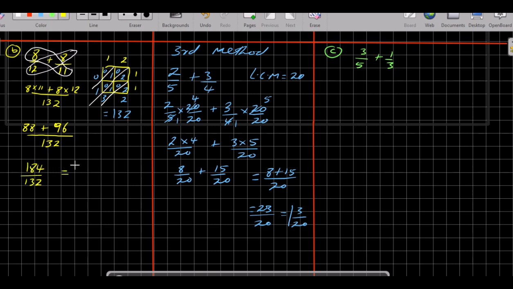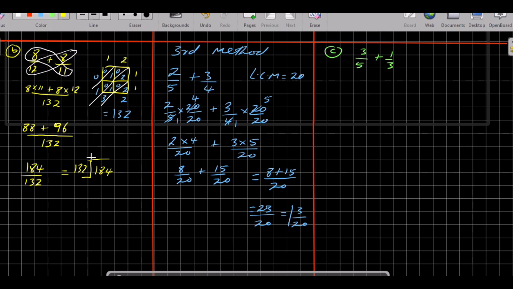So we can change this fraction to a mixed fraction. This unlike fraction, we call it an improper fraction rather. So this is an improper fraction. So we can proceed by reducing these fractions here, or we change it to a mixed fraction. Now we can say 184 divided by 132.